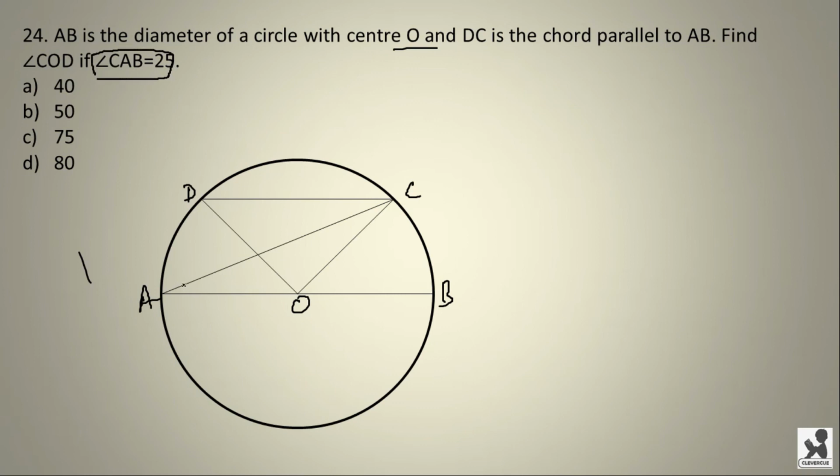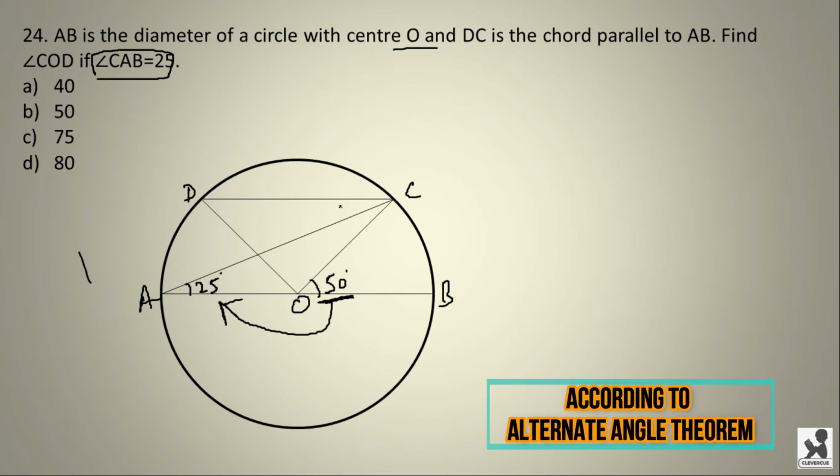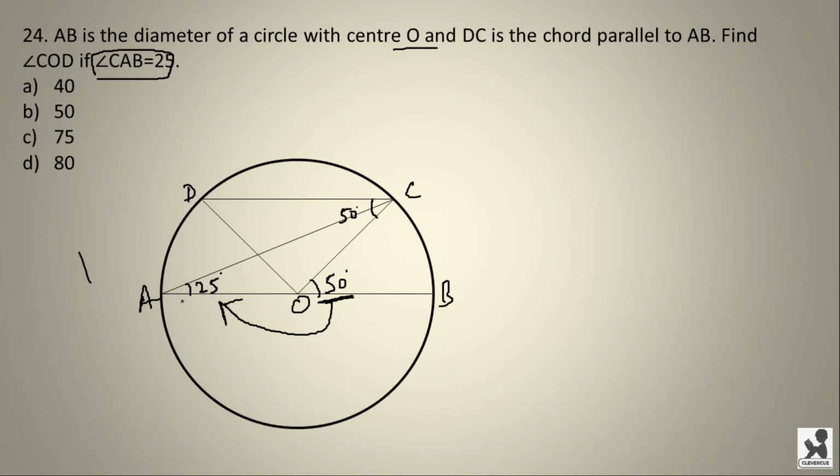Now angle CAB is given as 25 degrees. Now we know that angle COB is twice 25 degrees, that is 50 degrees. If you did not understand how we got 50 degrees, please go through previous problems again. Now it is given that CD is parallel to AB. Now this angle will also be 50 degrees because these two angles are opposite to each other and the lines AB and CD are parallel.